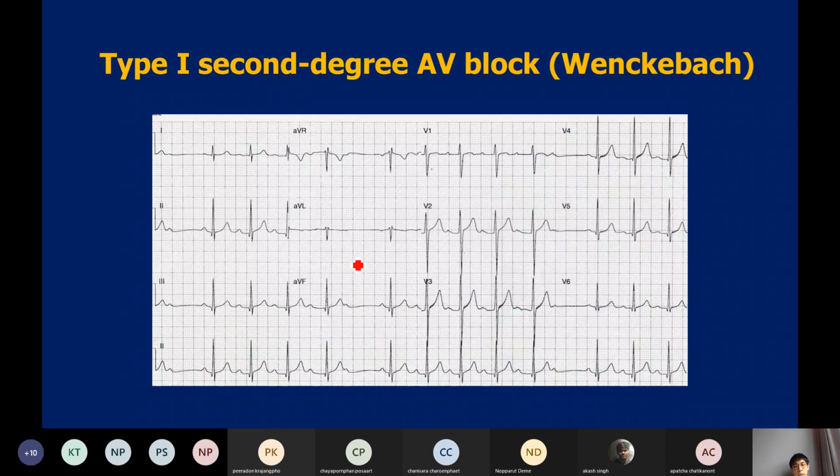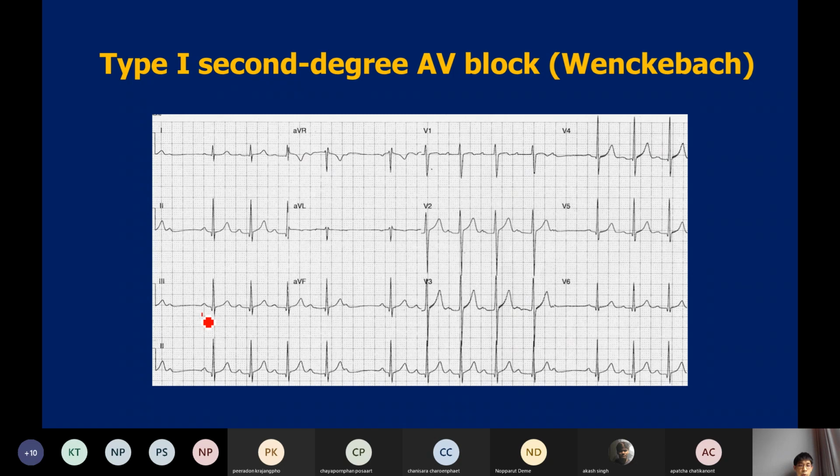And this ECG shows the second degree AV block type 1. There are also two types of second degree AV block, type 1 and type 2. This is the type 1. You can see that some part of the AV node conduction could still conduct the impulse from atrium to ventricle.